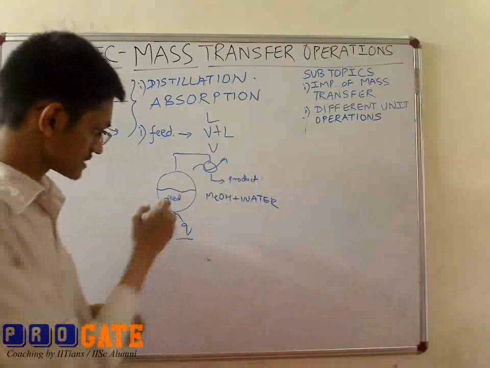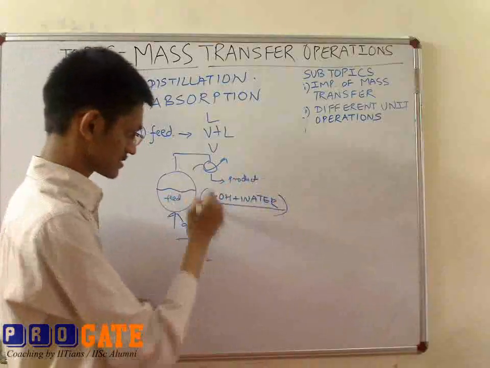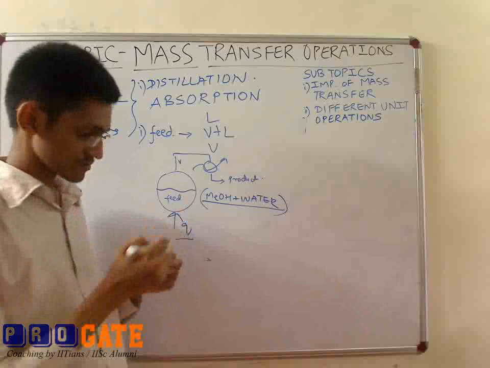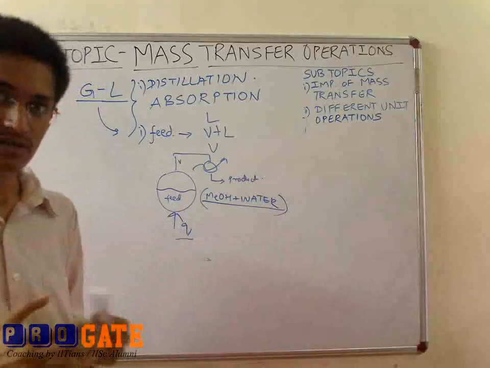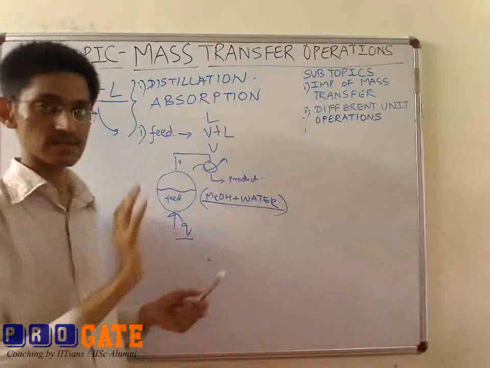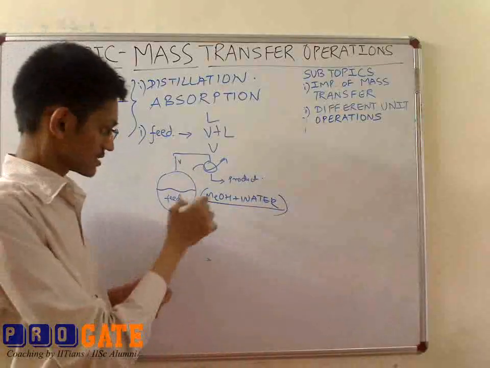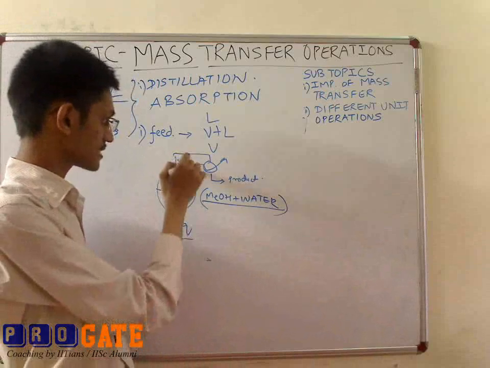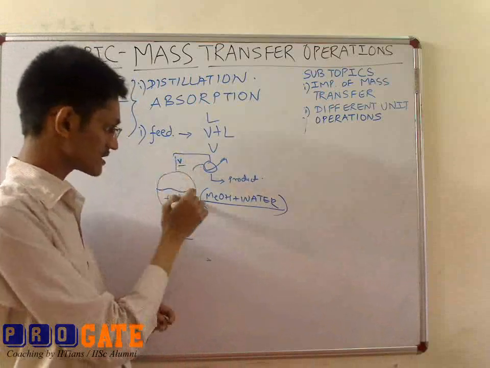So what we have achieved is that initially we had a homogeneous feed. Due to the heat input, the temperature changes, and it starts vaporizing depending on the heat input which we have provided. So what we have is vapor. This vapor and the feed differ in composition.